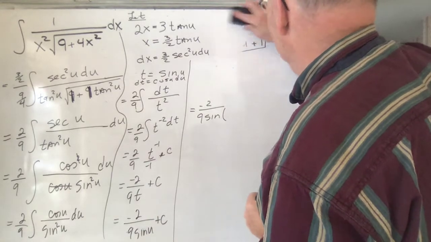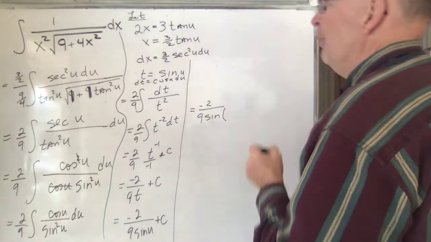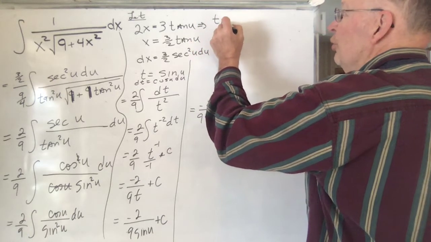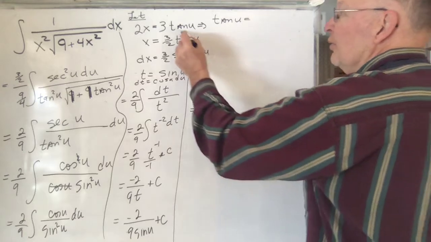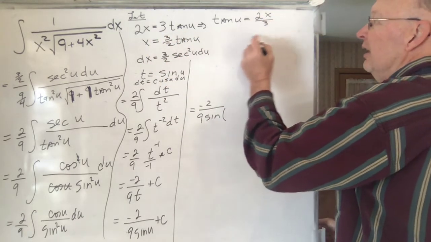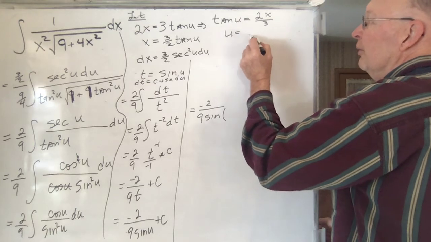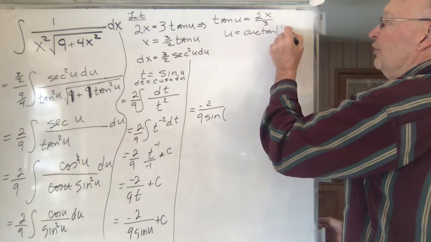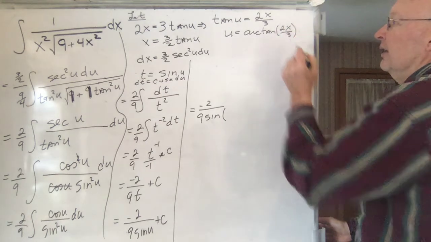No choice. Hate doing that. But what does this mean? This means that tangent of u is equal to 2x over 3, and so u is equal to the arctangent of 2x over 3.